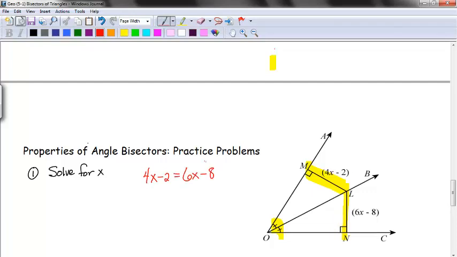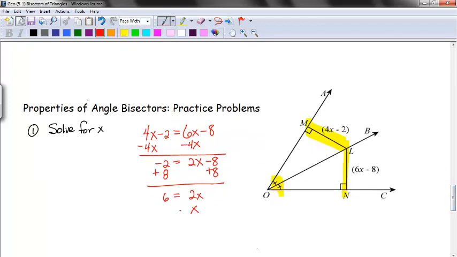When you have the variable on both sides of the equal sign, you have to get them together. So subtract 4x on both sides. You do have to keep track of the signs. You can't just drop off that negative sign. And you'd have 2x minus 8. Add 8 to both sides. I know some of you on the test dropped a sign and that messed up your answer. You have to work with positives and negatives, and then divide. So you should get x equals 3.